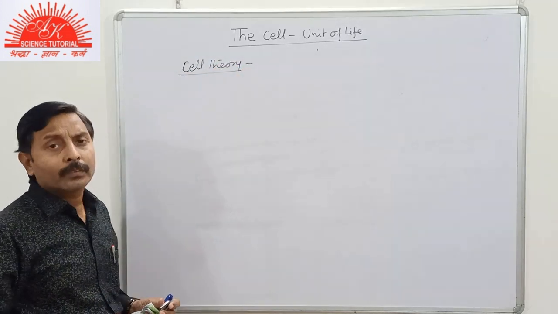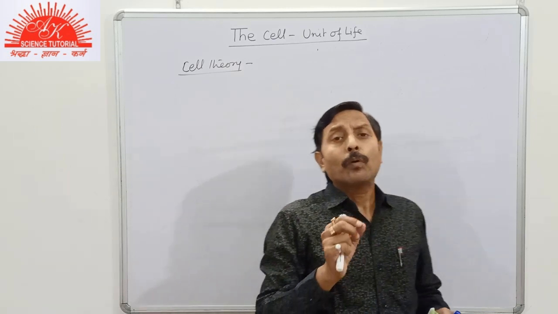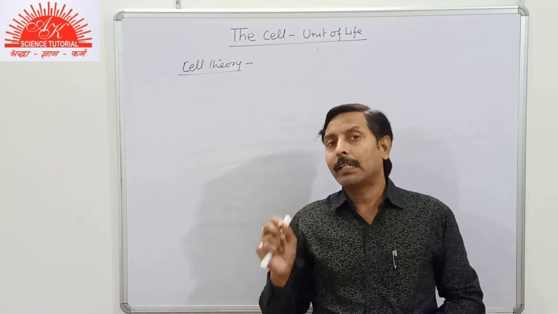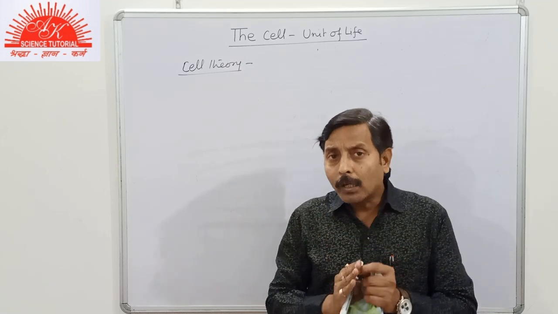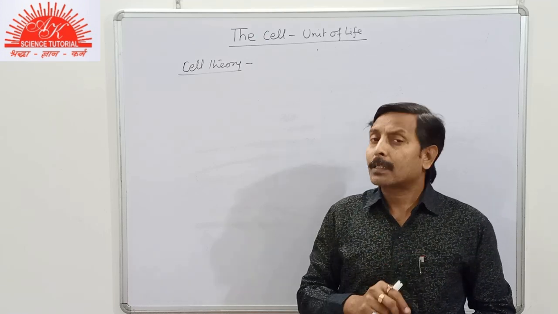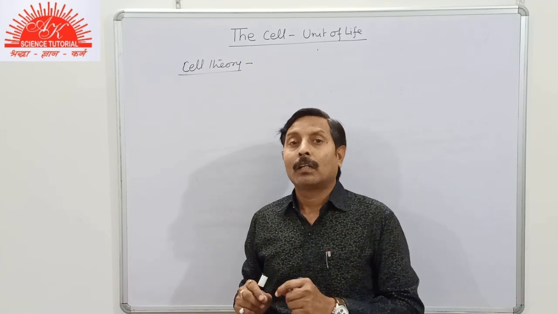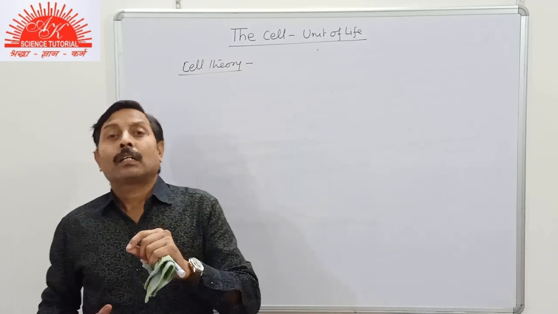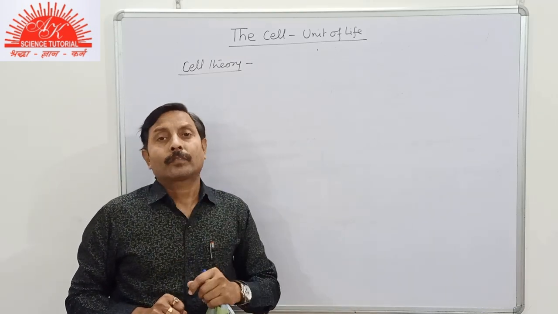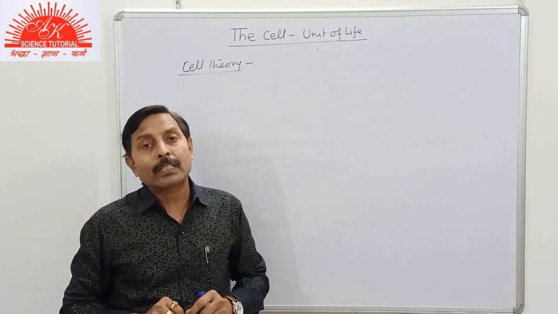Cell theory. In the beginning, it was Matthias Schleiden who told that every plant is made up of small units called cell. Later on, it was Theodor Schwann who told that animals are made up of units called cell.